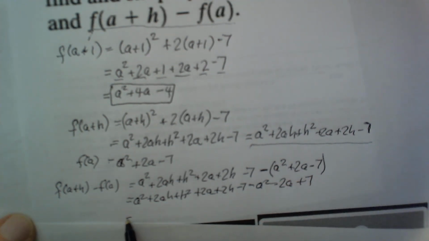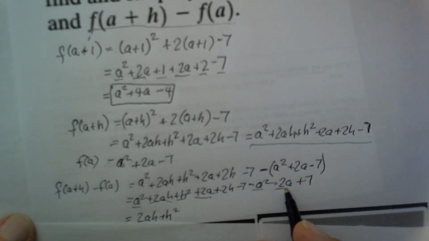As we combine like terms, we find that a squared minus a squared cancel out. And we have 2ah, and we have an h squared. And we had 2a minus 2a, they cancel out. So we have a 2h here.